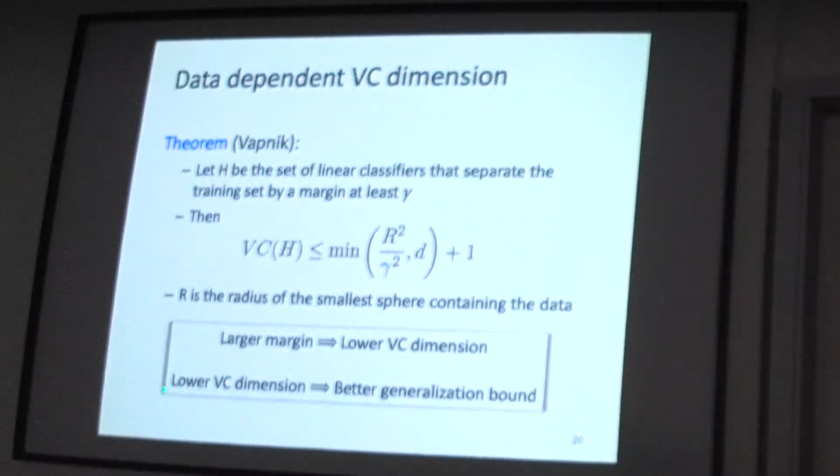And if you use this subset of linear classifiers for training, you expect to get a better generalization error bound. Any questions so far? Does it make sense?